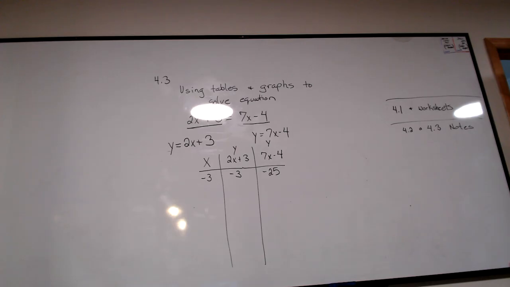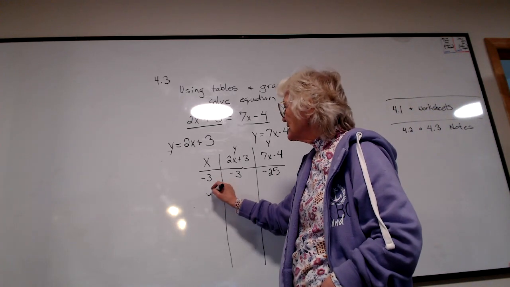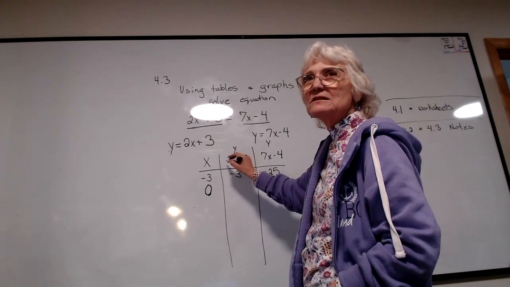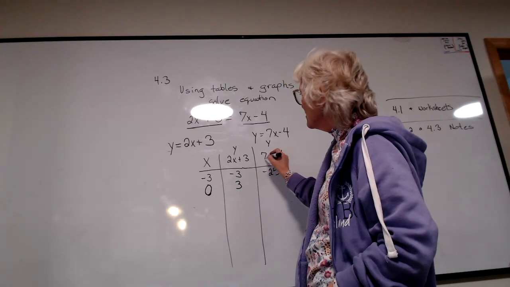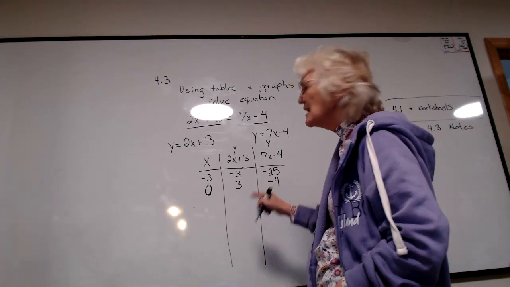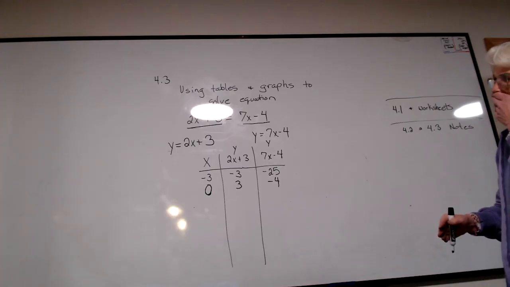So let's try 0. If I put 0 in, 2 times 0 is 0, plus 3 is 3. 7 times 0 is 0, minus 4. So we're getting closer now. We're at 3 and negative 4. We're at least not quite so far apart, okay?